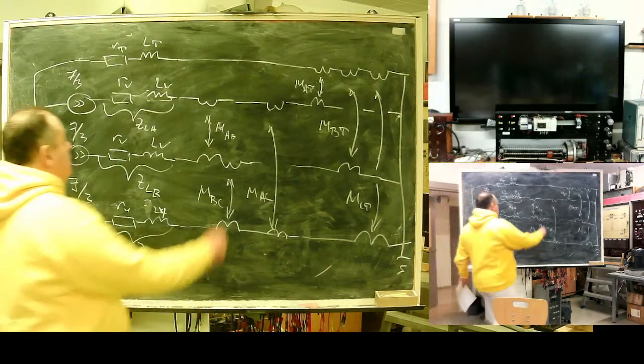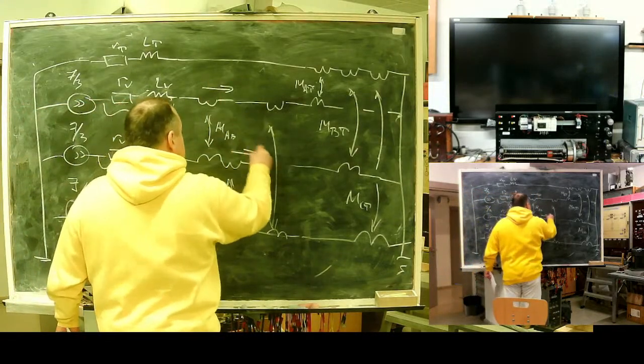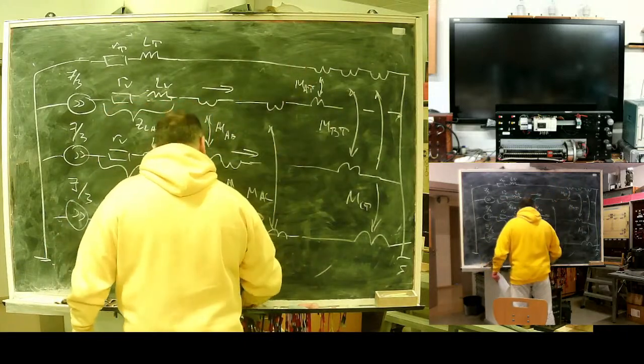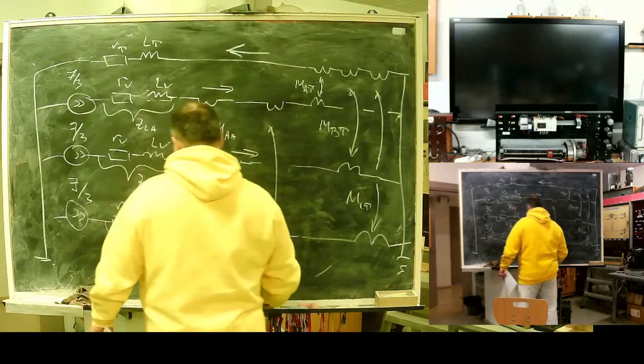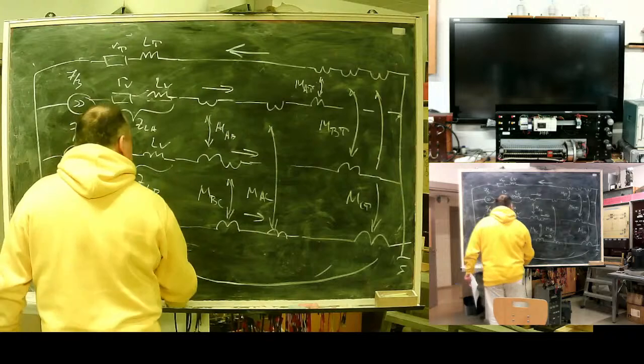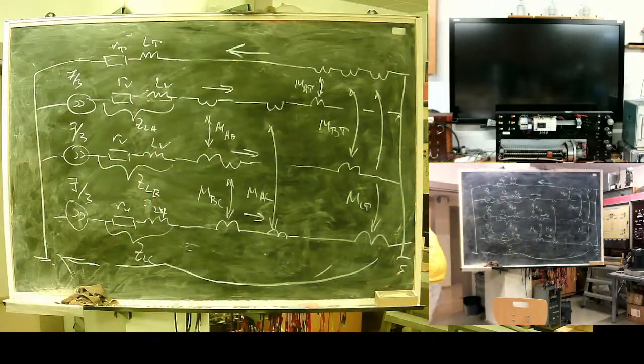Because current in the phase goes this way, and the current in your protected wire goes opposite direction, one in ground, one in your protected wire.